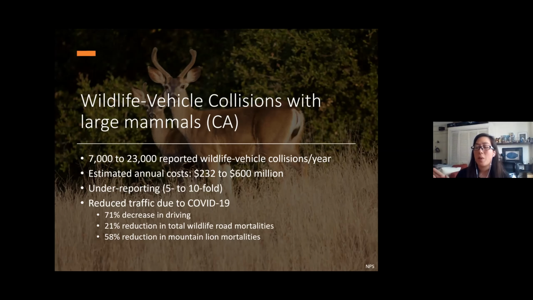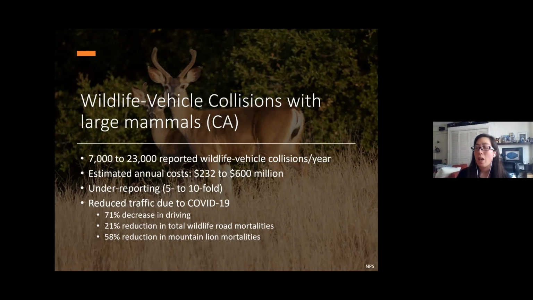And that's based on data from California Highway Patrol, Caltrans, and a community science observation program that is run by the Road Ecology Center.